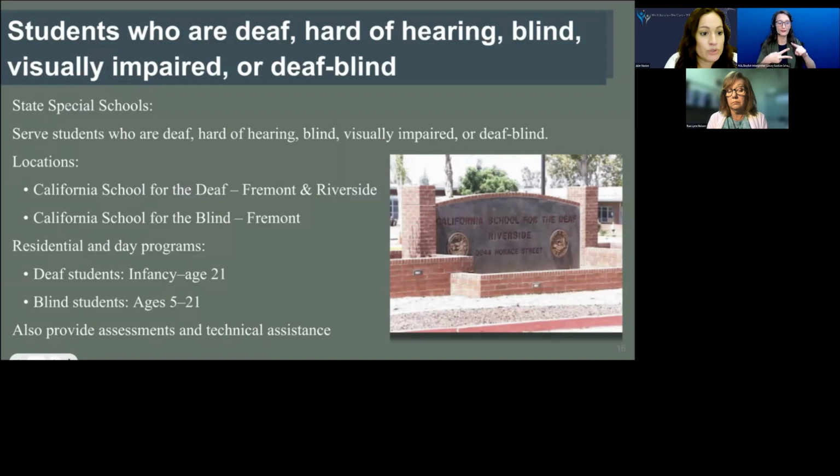There's also the California School for the Blind located in Fremont. There are also residential and day programs. So for deaf students, infancy through age 21, and for blind students, ages 5 through 21. They also provide assessments and technical assistance. Next slide, please.